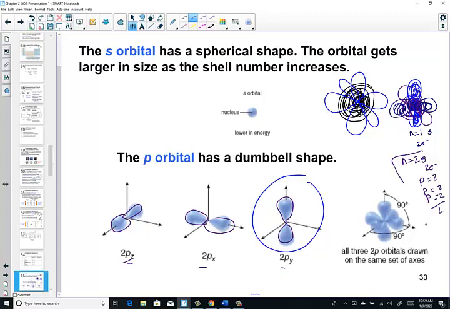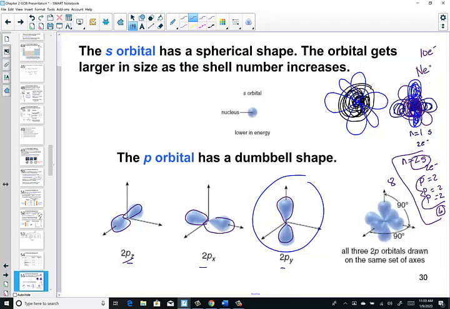So the second energy level, with its S-shaped cloud and 3 different P-shaped clouds, gives me a total of 8 more electrons. This, by the way, would represent the element neon. Neon has 10 total electrons because its number is 10. The first 2 electrons went in the first energy level.